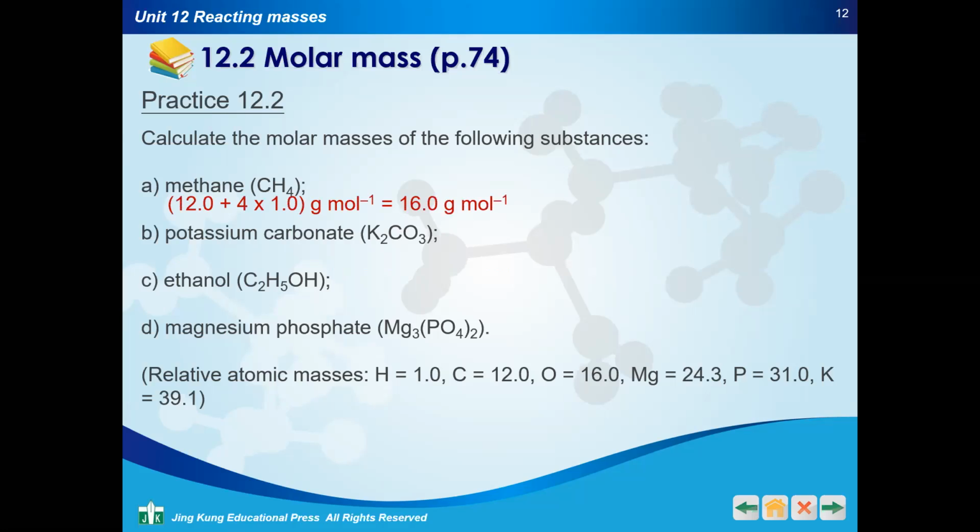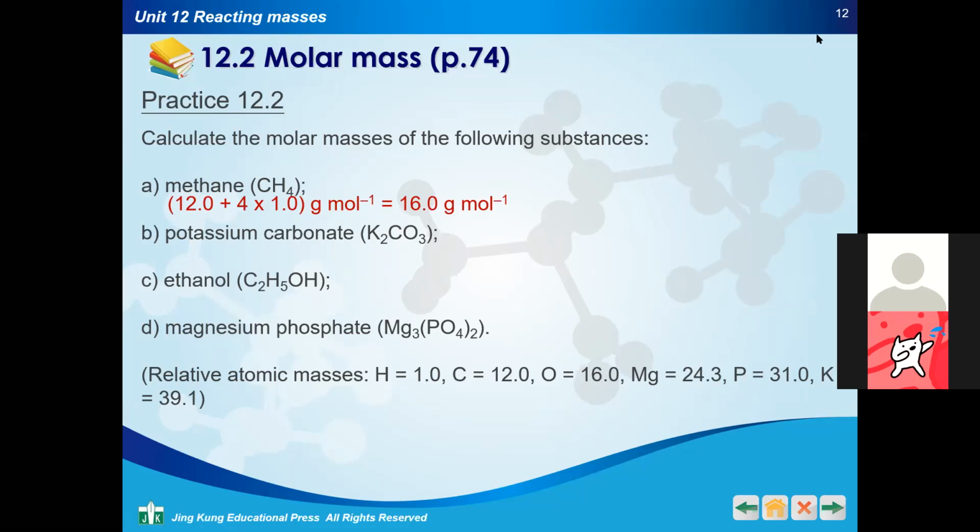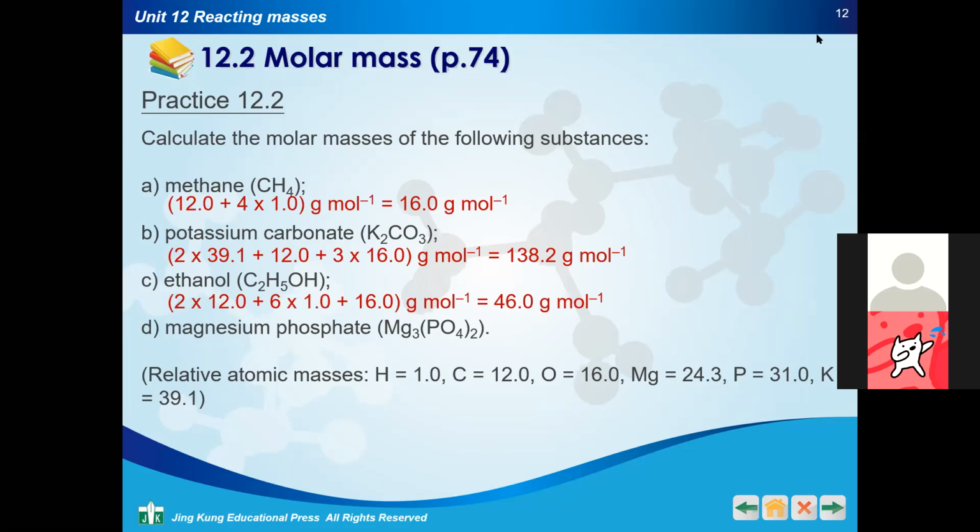How about potassium carbonate? 138.2, ethanol 46.0, and finally for magnesium phosphate it is 262.9 gram per mole.